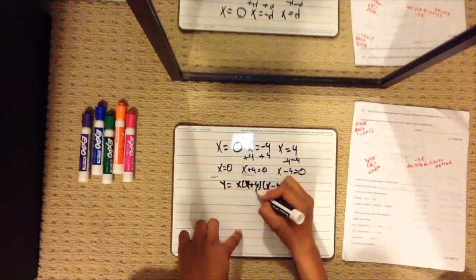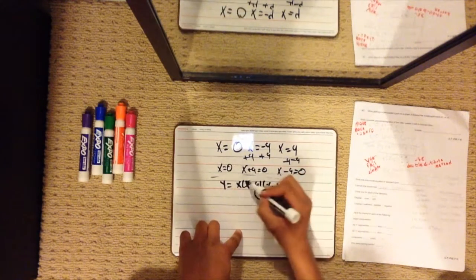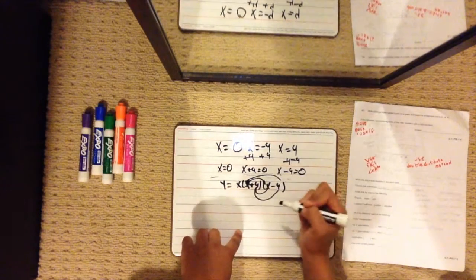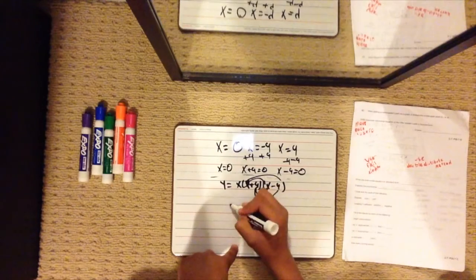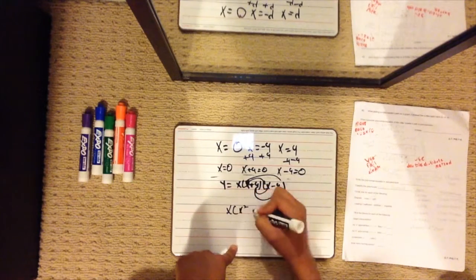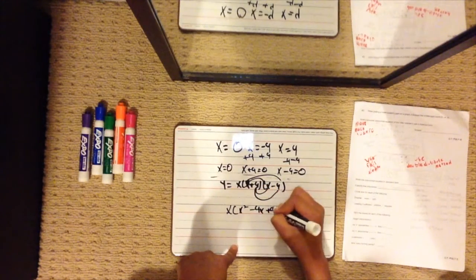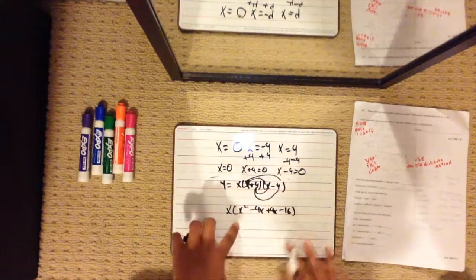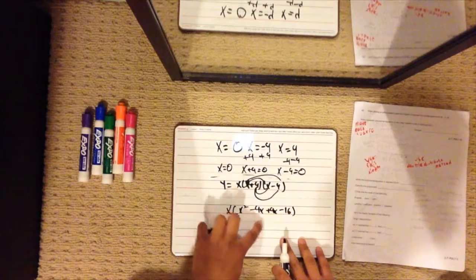So what you're going to do is do 4 times x and 4 times -4 and x times x and x times -4. And out of that, you're going to get x squared minus 4x plus 4x minus 16. And then you're going to simplify.